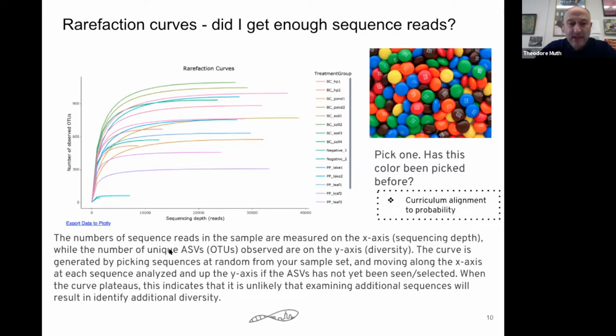Typically it's set at 99% for species or 97% for genus. What that means is that if you have 2 different sequences in your data that are more than, say, 97% identical, then they get collapsed into the same bin. Those 2 sequences get put into the same box and counted as 1. And if you get another sequence that's also within that 97% threshold, that also goes into the same box.